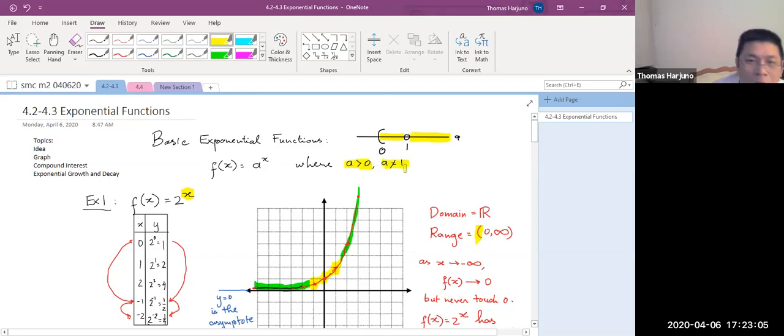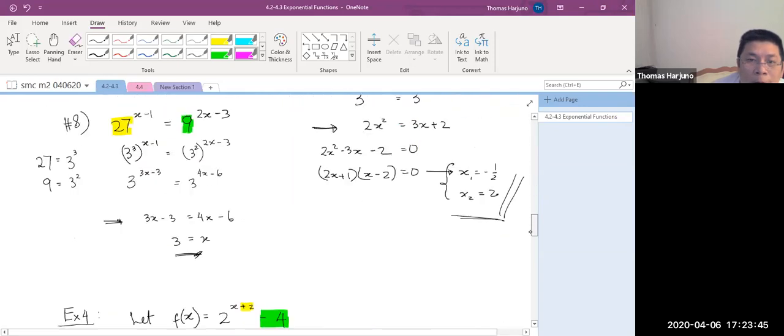It cannot be 1 because when it is 1, suddenly the function behaves differently compared to when the base is greater than 1 or between 0 and 1. Now, when the base is negative, we have problems with ambiguity and continuity. So that's why the base has to be in this yellow interval here.